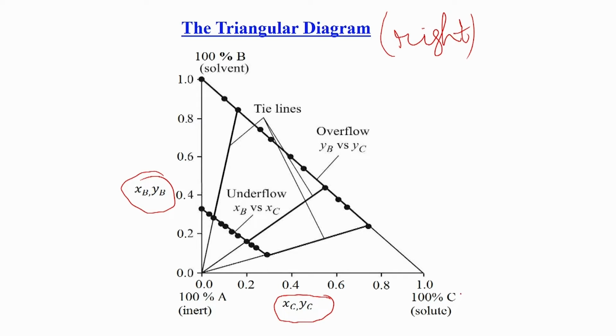One can also put C at the apex, and B can be kept here. Otherwise, concept-wise this is the same.